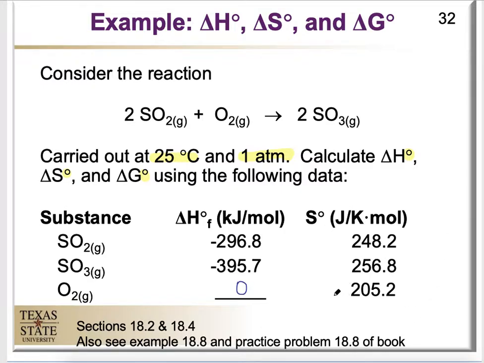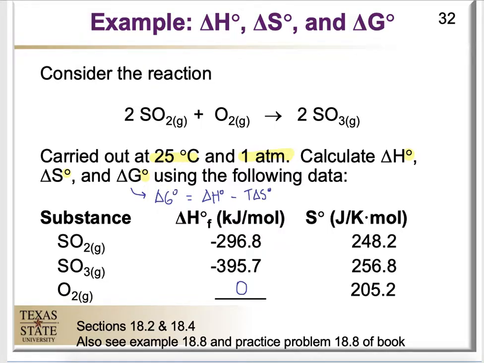So once we are done calculating the delta H and the delta S, we can then calculate the delta G by saying that the delta G is going to be equal to delta H minus our temperature times delta S at standard conditions, right? So once we found these, we can plug them into this equation to get our delta G zero.